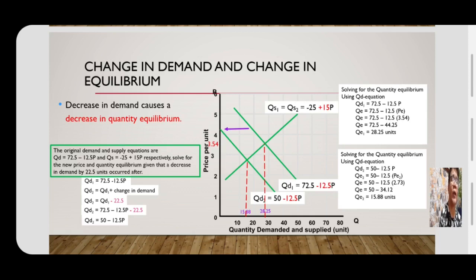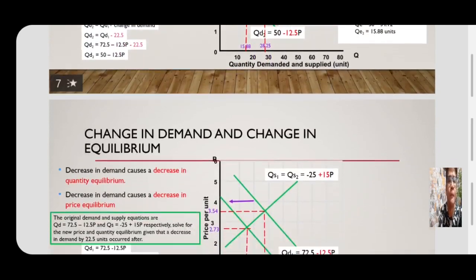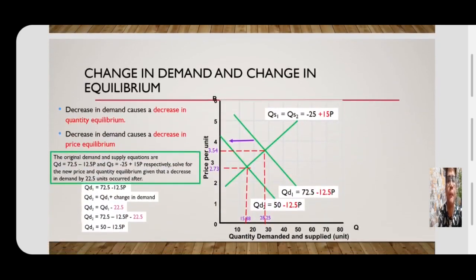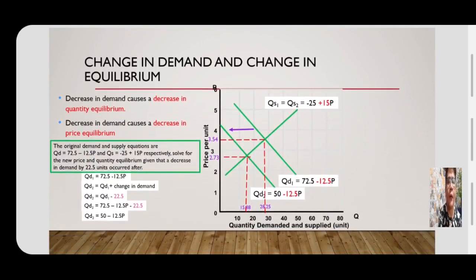So what would likely be the value of the change in quantity equilibrium? You can solve it yourself. So 15.88 minus 28.25. How much is that? Now let us go to the next slide.